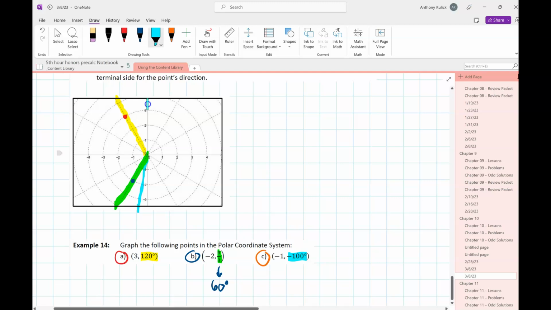So I have to reflect that line here. If I kept going and extended it, I would be over there. So that would be where I'm plotting. So I count 1 up on the circle, and there's my point. Is everybody okay there?